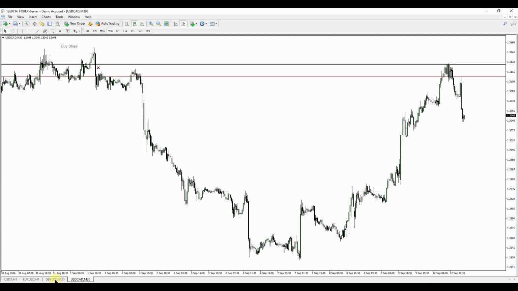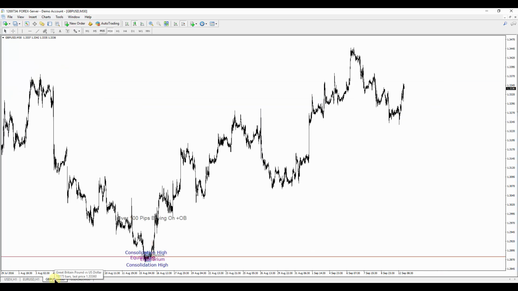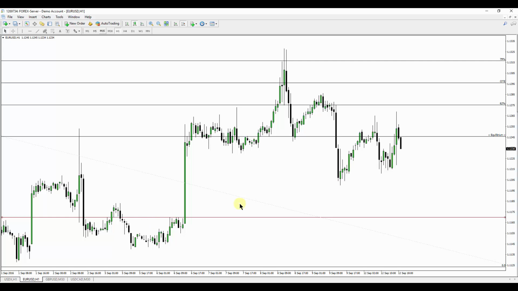And cable, I just don't want to sell that, even though I see this real nice liquidity void. I just don't want to go there. And the euro dollar, I really like the fact that there's a liquidity void in here. In other words, we have the exposed range between this low and this down candle.